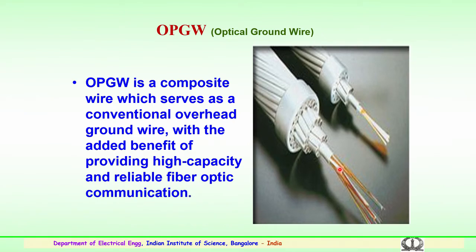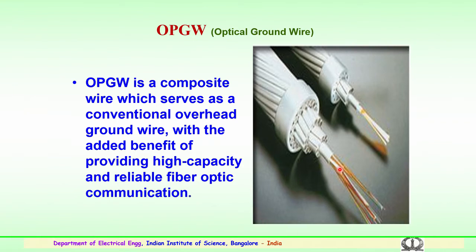So, we will look into the importance of the optical fiber ground wire, what its composition is, and how it is useful for communication and data transfer, particularly for the electrical utility service.